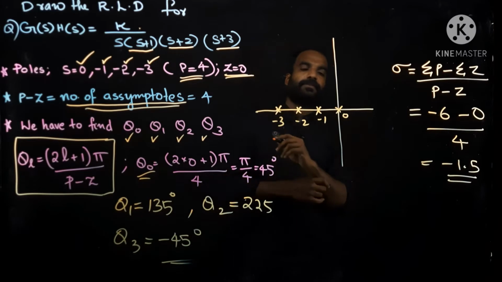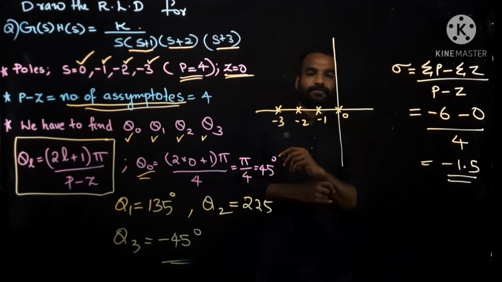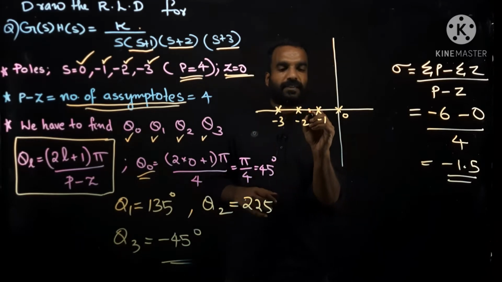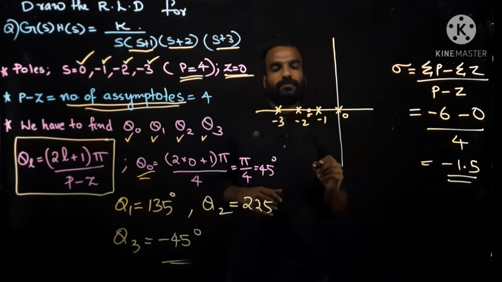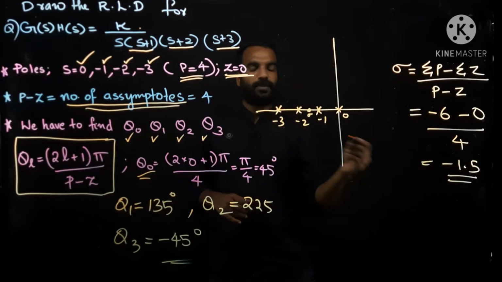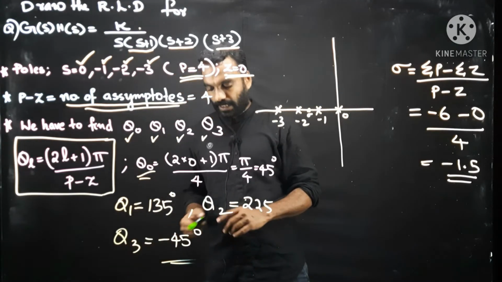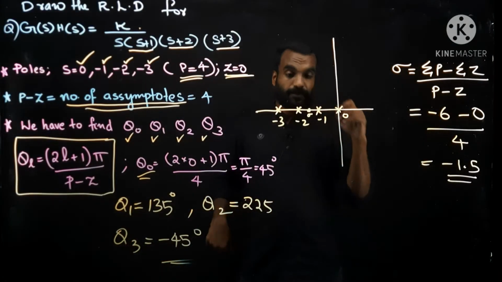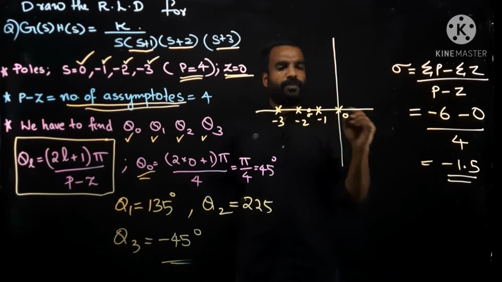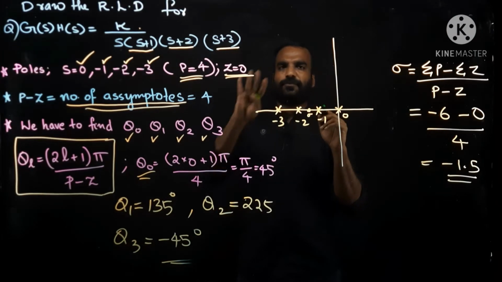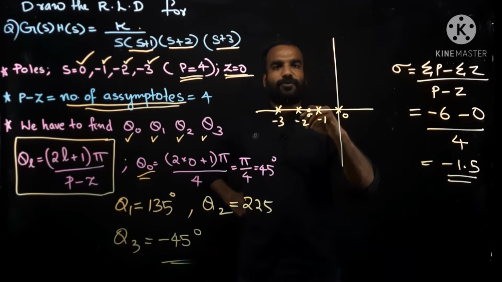This is the condition. And we got this as the centroid. Minus 1.5 is the centroid. Now, I would like to draw the angles of asymptotes. As this is 4, it is just a matter of drawing a cross mark.